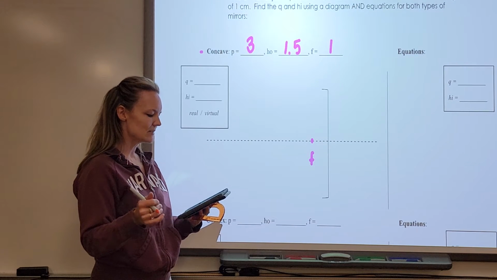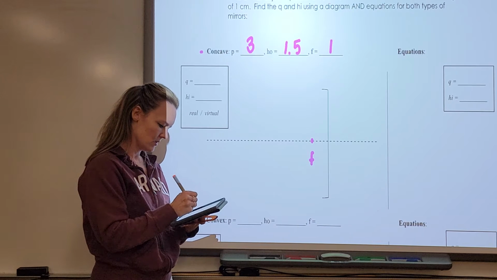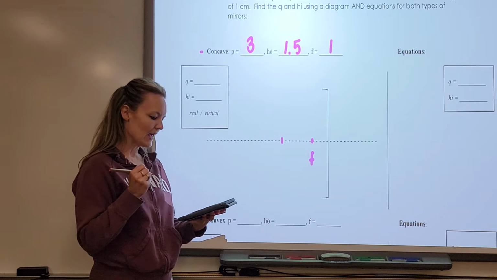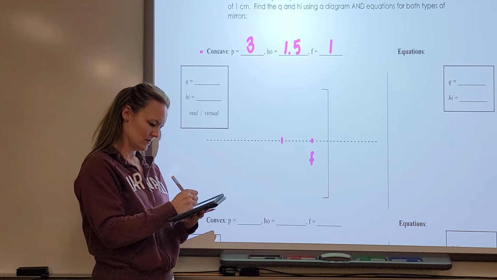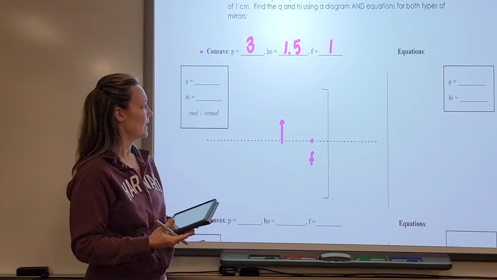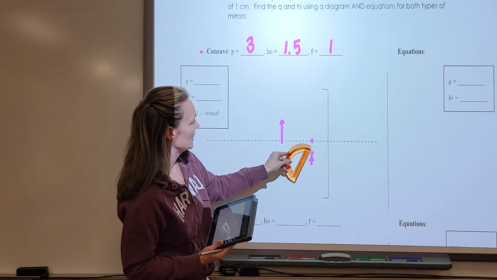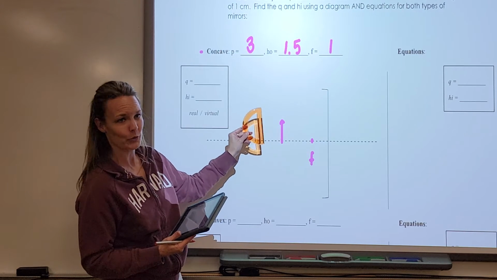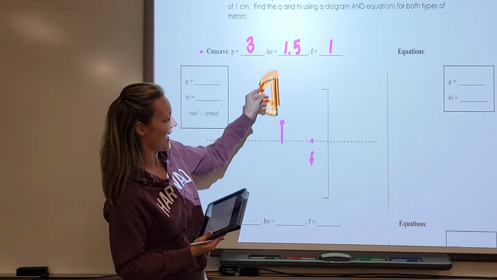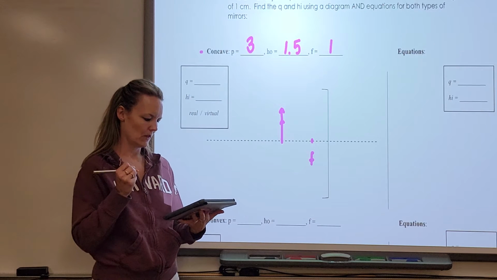I need to place an object 3 centimeters in front of the mirror. And I need that object to be 1 centimeter tall. All right, so you have measured out 1 centimeter to get your focal point, you have measured out 3 centimeters to get the object, and then, whoops, this should be 1.5 centimeters tall. Sorry, I need to make him a little bit taller.